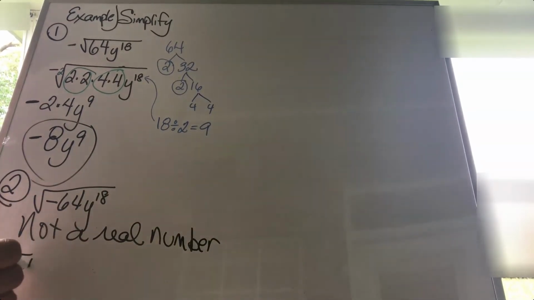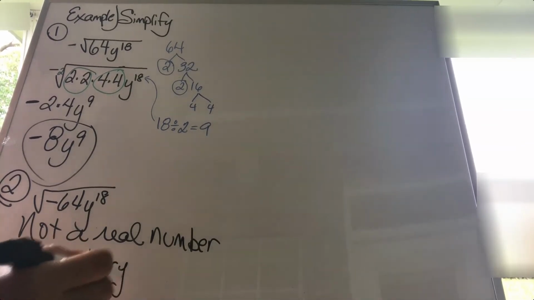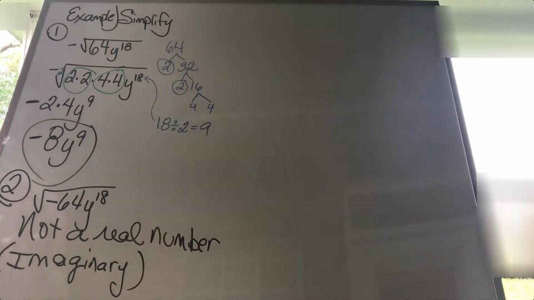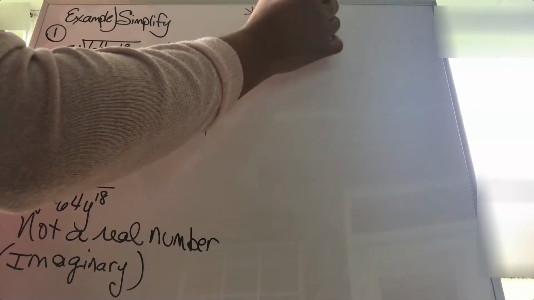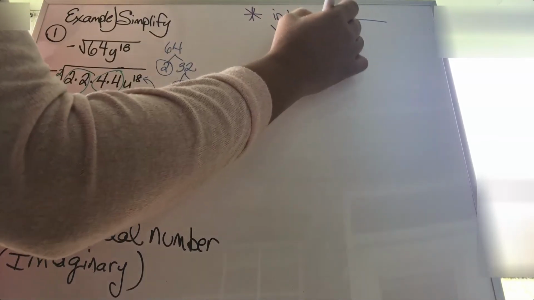And what it actually is, it's an imaginary number. So we're going to come back to that imaginary later on. We're going to know that we have something that's not a real number whenever we have, come up here, if your index is even, and this is a negative number.